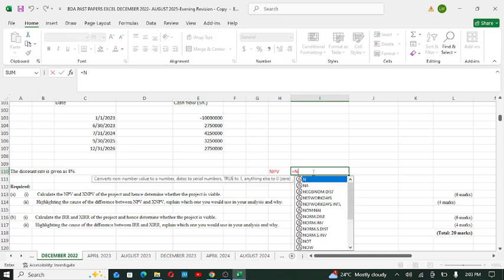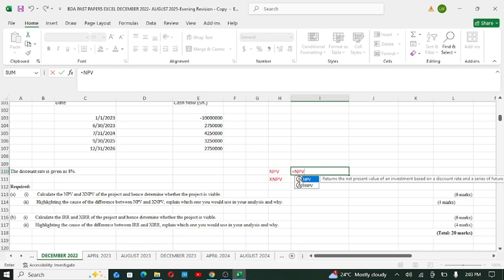Just type the function NPV, double click to activate. What is our rate? Our rate is 8%, comma. What are the values? These are the cash inflows.